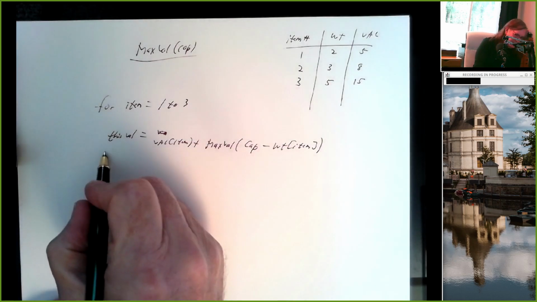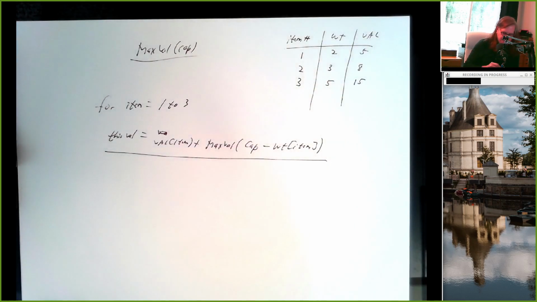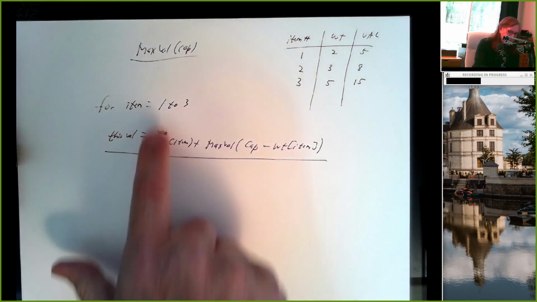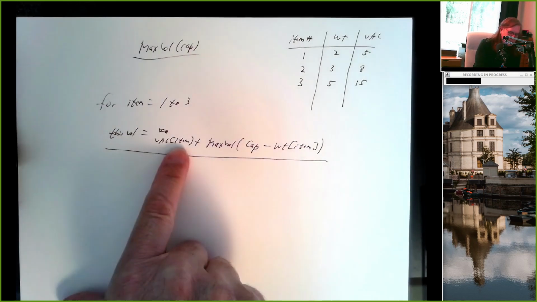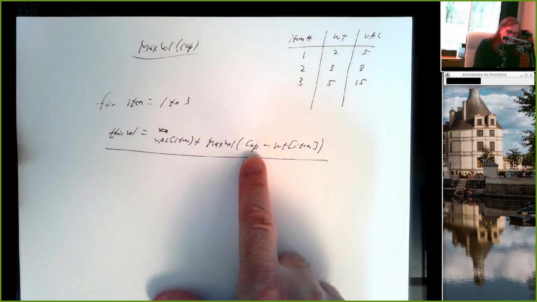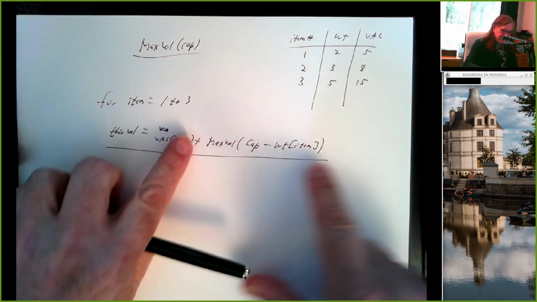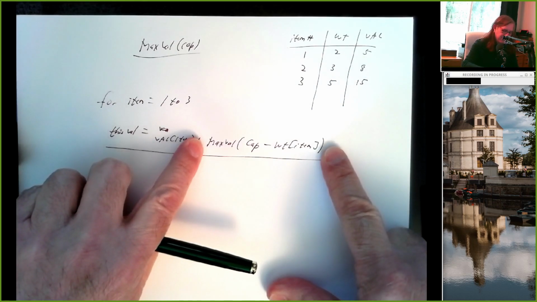And this is the thing to try to understand clearly. Right? So if we start with item 1, we get the value of item 1, we're left with a bag that holds the original capacity minus the weight of item 1. And from that remaining space in the bag, this is the maximum value we can get.